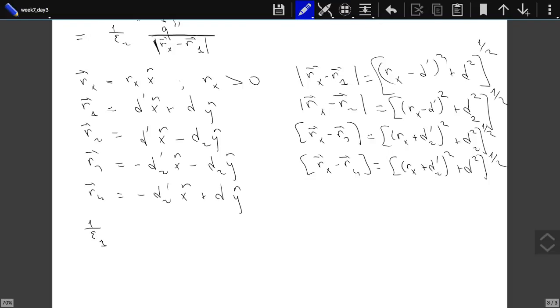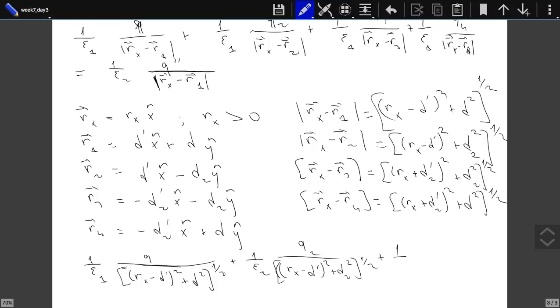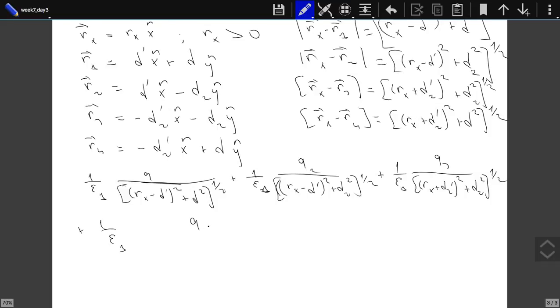So let's see, 1 over epsilon 1, Q over Rx minus d prime squared plus d squared to the 1/2, plus 1 over epsilon 2, Q2 over Rx minus d prime squared plus d2 squared to the 1/2, plus 1 over epsilon 1, Q3 over Rx plus d2 prime squared plus d2 squared to the 1/2, plus 1 over epsilon 1, Q4 over Rx plus D2 prime squared plus D squared.